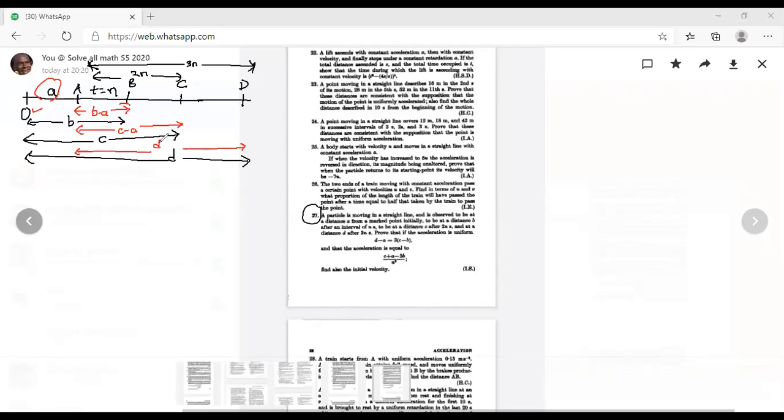D minus A. If you identify that distance correctly, the times are steady, continuous, and obvious. So it means we can use the second equation of motion, where S is equal to UT plus a half AT squared.